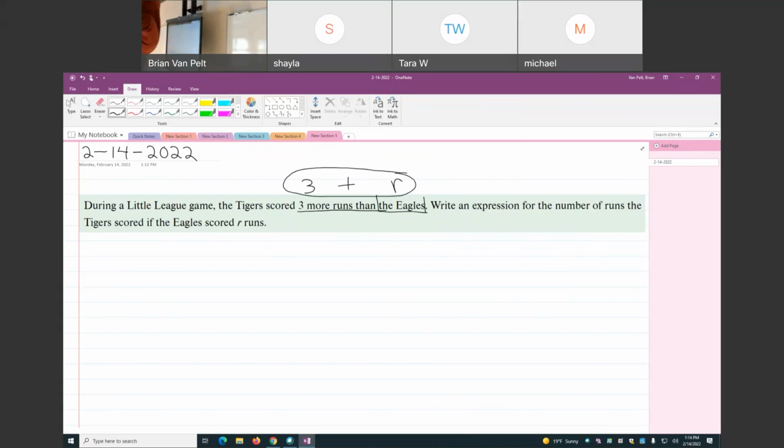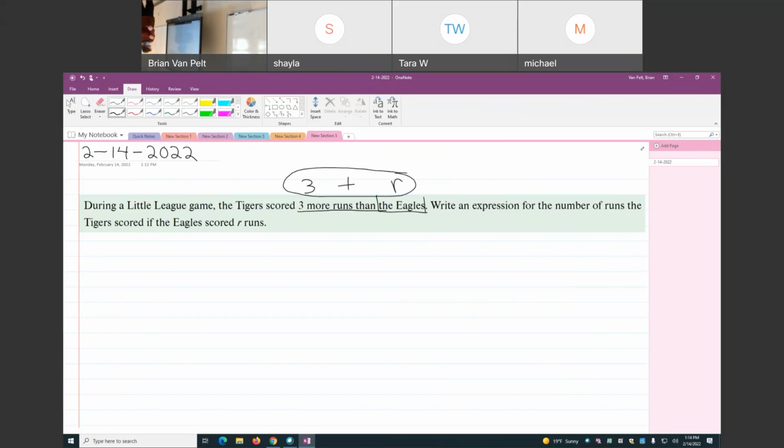The early problems are trying to get you used to the terminology. More than meant addition. That is, does that represent 3 more than whatever R was? Part of it is also trying to get you to learn how to convert.